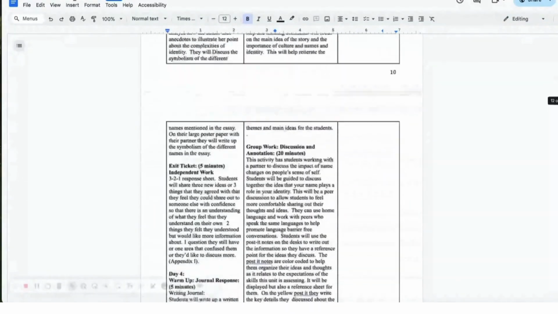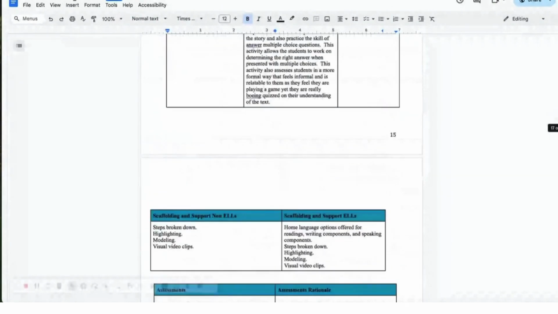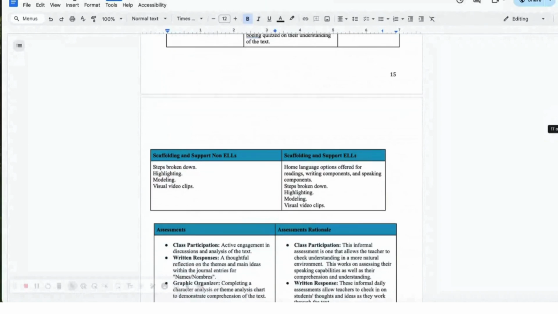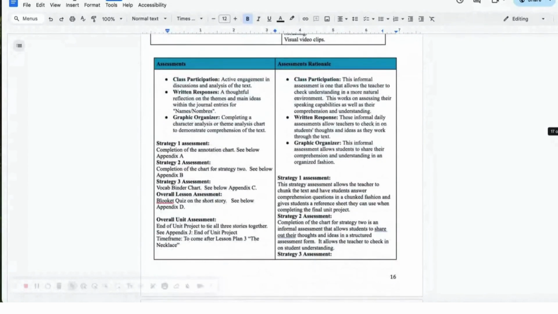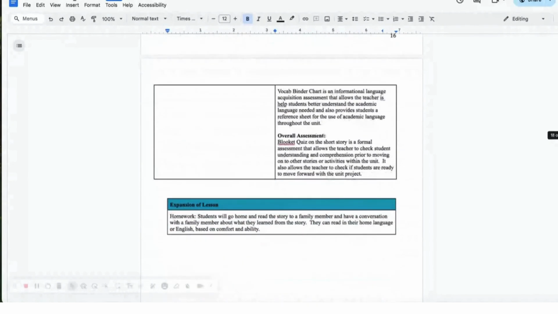And then I also have my scaffolding, what I do for my non-multilingual learners and what I am scaffolding for my multilingual learners, and also the assessments and why I'm assessing them. I do like to keep my unit plans organized this way just because it works for me and it helps me just have a better understanding of where I'm heading with the unit.